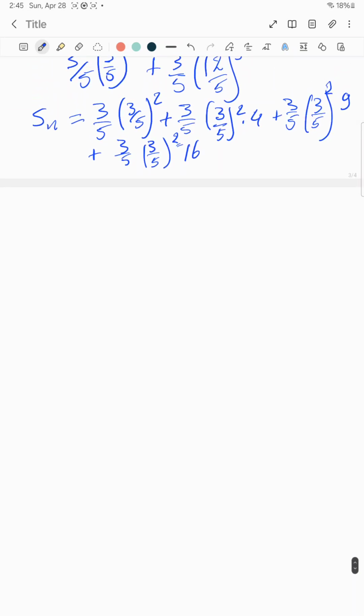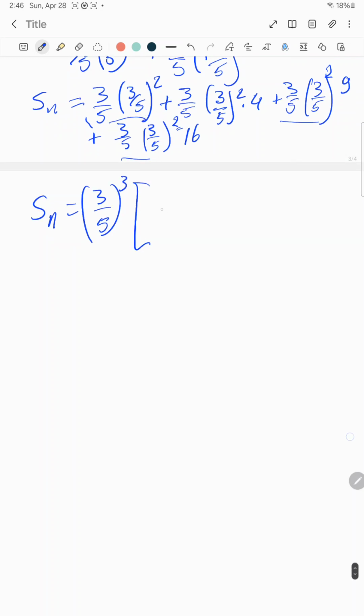So now I can factorize 3 over 5 to the power of 2, because it exists in every sum. So my Sn is equal 3 to the power of 5. Actually, I can factorize to the power of 3, because this times this is 3 over 5 to the power of 3. So I will factorize 3 over 5 to the power of 3, and the first one I have to put 1, the second one it is 4, the third one it is 9, and the last one it is 16.